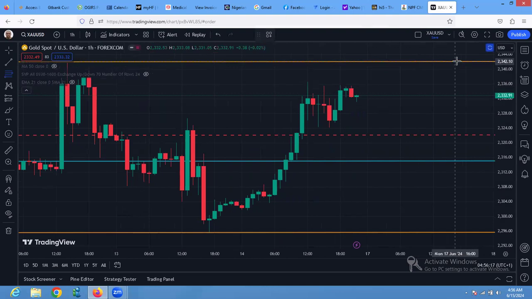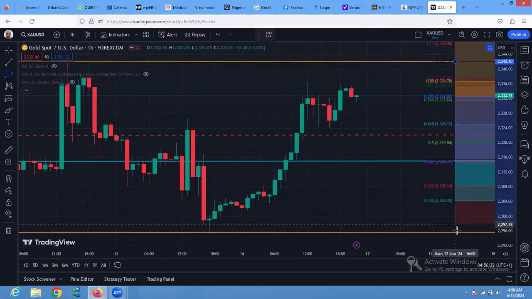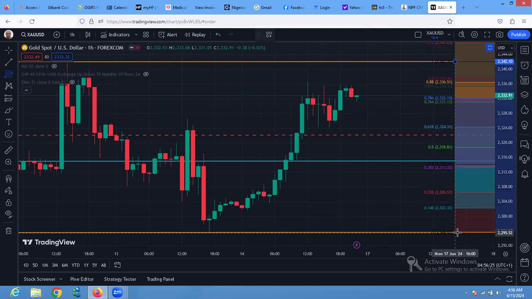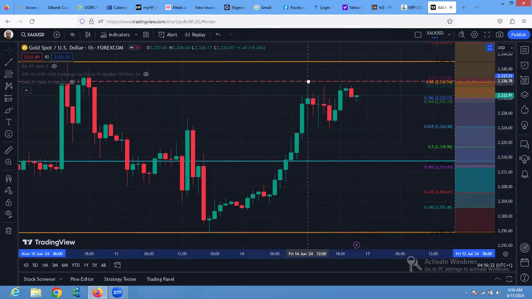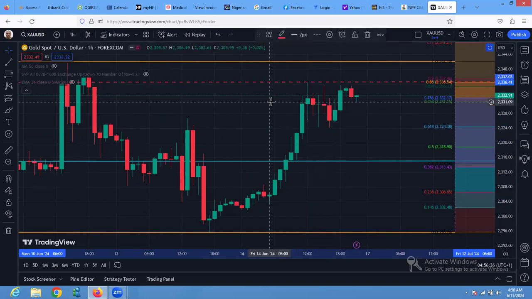But if I have to look at the kind of retracement it has done to the upside, this is 88 here. If price should take this point up and break it to the upside, then we are in a bullish move.